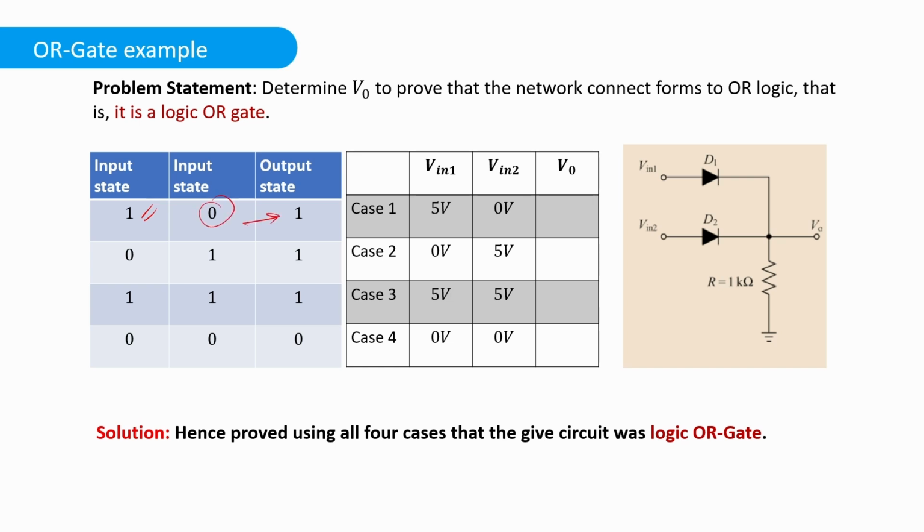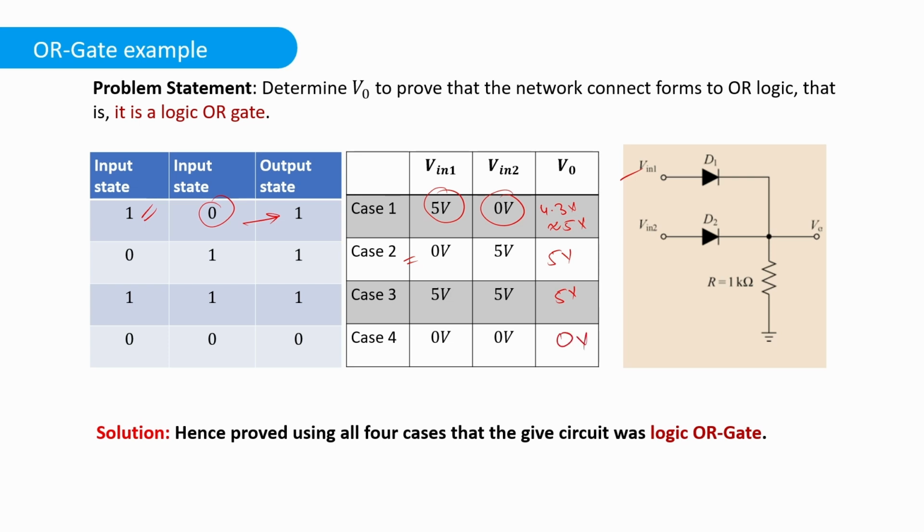We had 5 volts for the first terminal, 0 volts for the second terminal, and we calculated V output to be 4.3 volts, approximately equal to 5 volts. Similarly, for the second case, we calculated 5 volts. For the third case, we calculated 5 volts again. And for the last case, it was 0 volts.